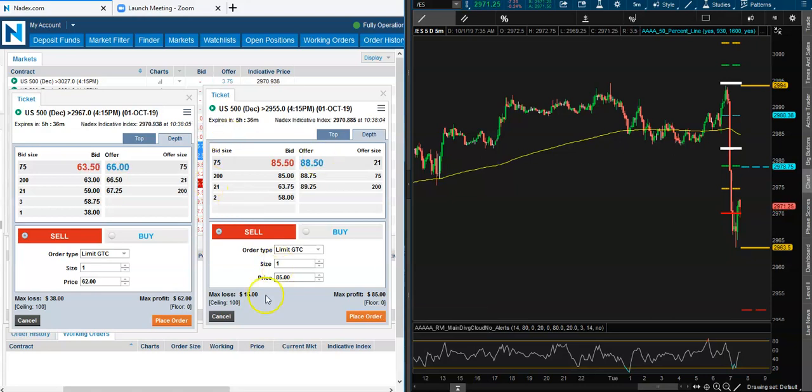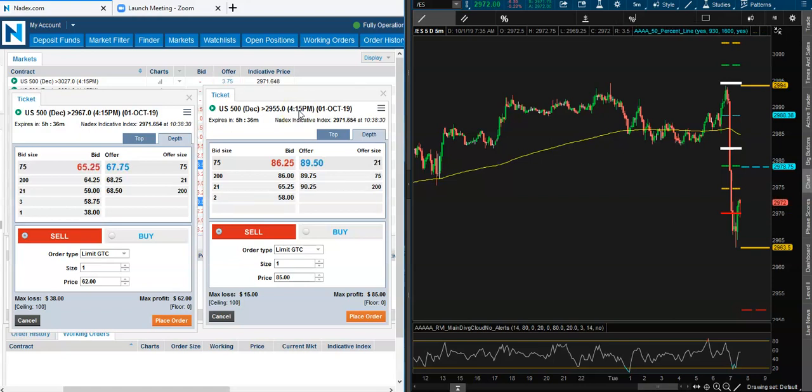Correct. So let's think about it this way. If I think we're going to go to 2955, even though we're up here, I'm willing to risk $15 for that trade because I still have until 4:15 to be correct.